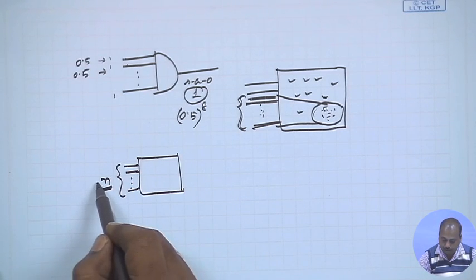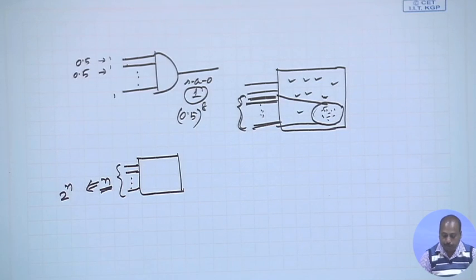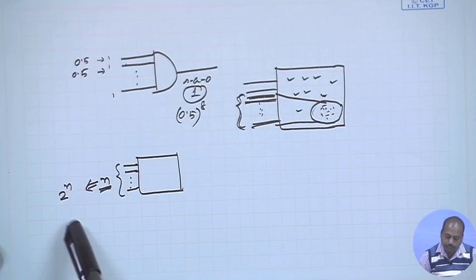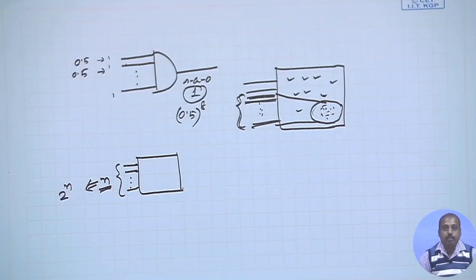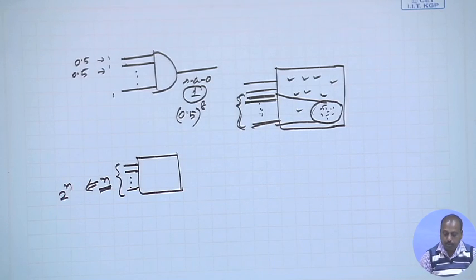These n inputs can have at most 2 power n different combinations. So any test pattern is nothing but a combination from this 2 power n set. In the worst case, if we apply all 2 power n test patterns to the circuit, then we should be able to detect all possible detectable faults in the circuit.